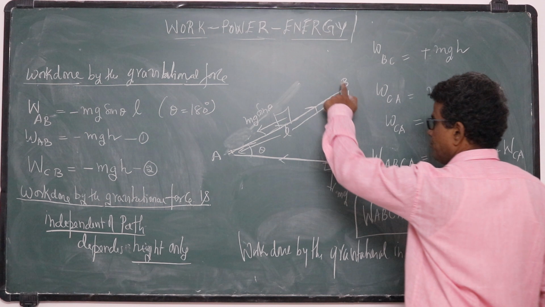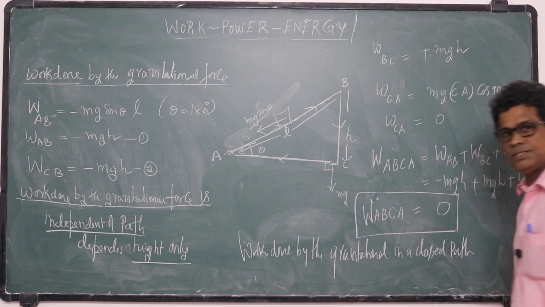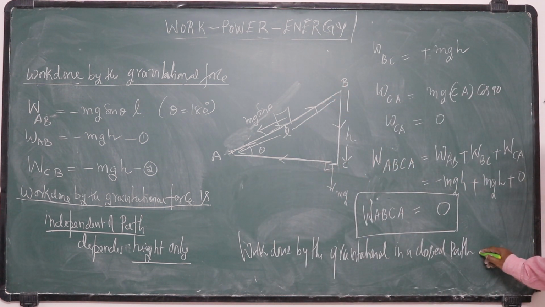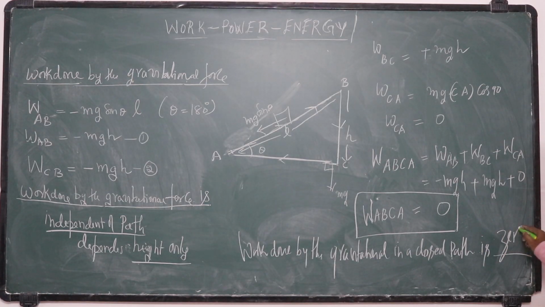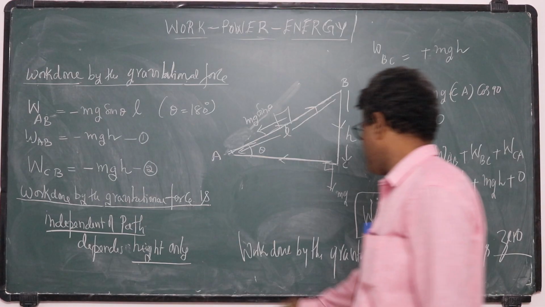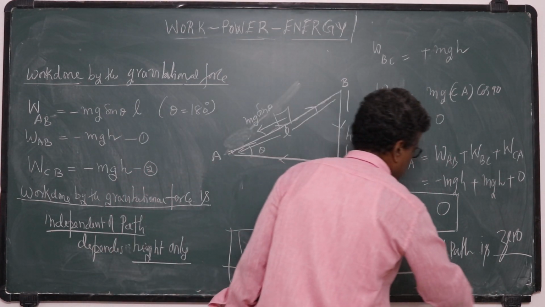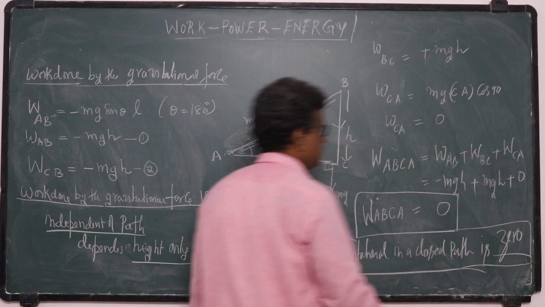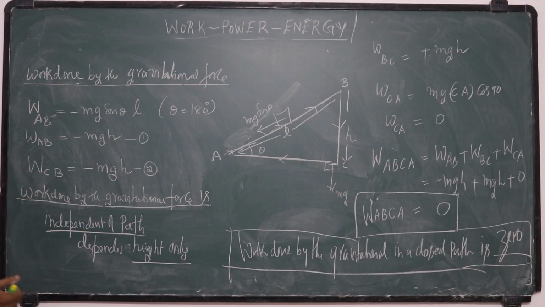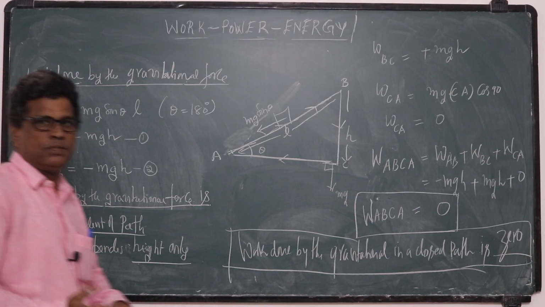A to B, B to C, C to A. Such paths are called closed paths. The answer is 0. Okay? Work done by the gravitational force in a closed path is 0. So these are the important points I proved here in this example. Okay? You take this.